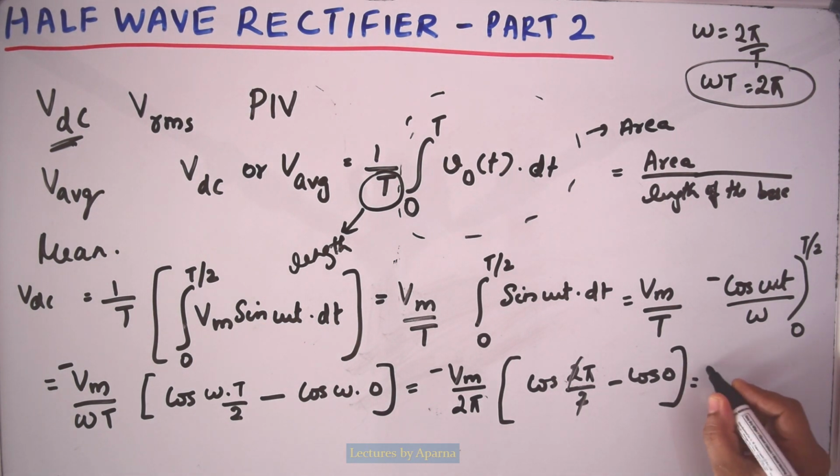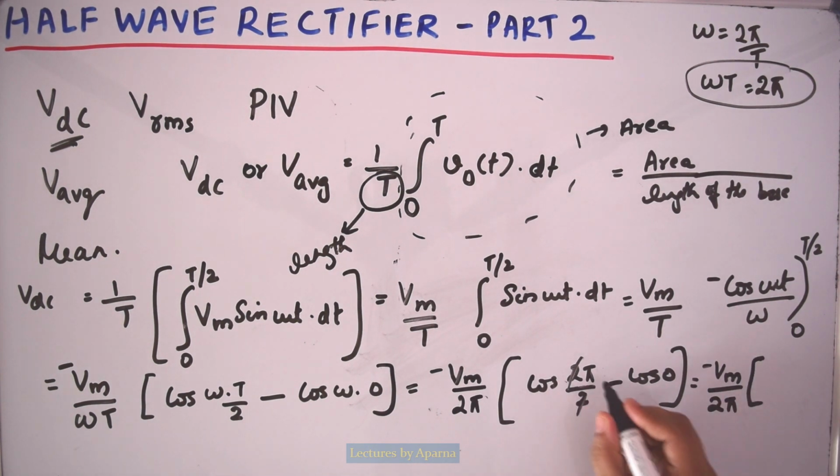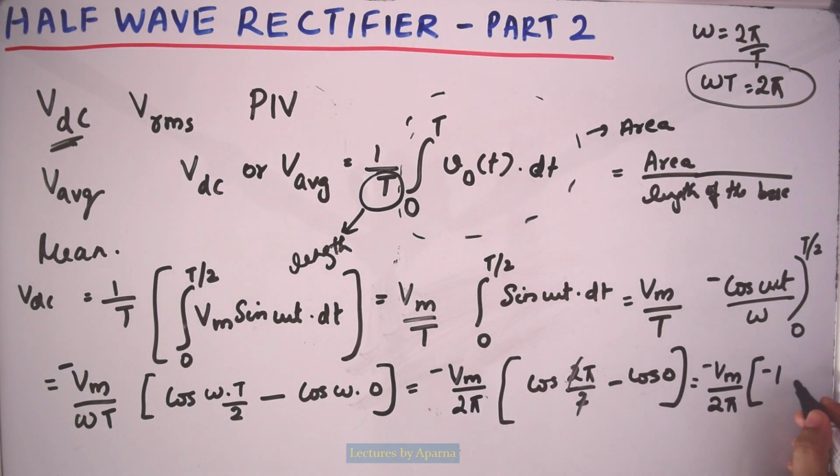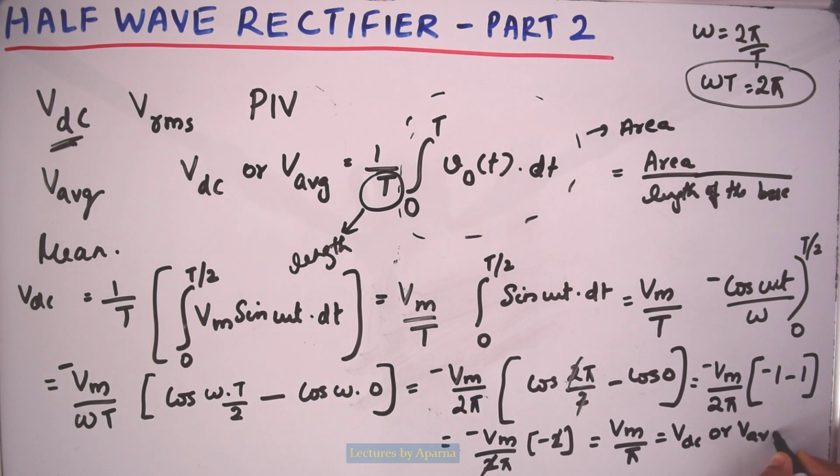Applying the values, it will be minus Vm by 2 pi into cos pi is minus 1 minus cos 0 is 1. So this will be minus Vm by 2 pi into minus 2. This 2 and 2 will cancel. This will be Vm by pi.